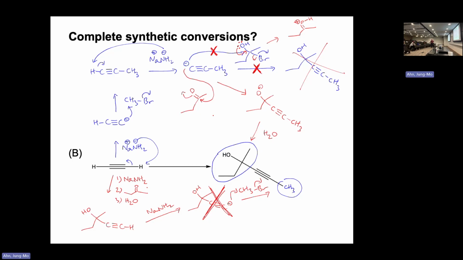But the problem is, the pKa value of these ones is 25, and the pKa value of the hydroxyl is 16. This is a more acidic hydrogen than that one. So if you treat with the base, which proton will go first? That proton is going first before that one. So you're actually making an alkoxide. Then when you add methyl bromide there, it's actually the oxygen that gets methylated, not there.